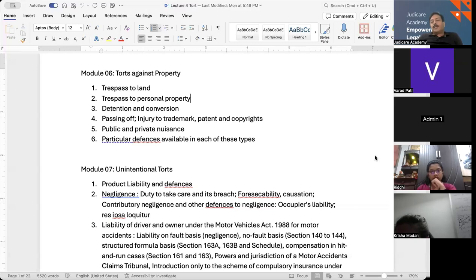So the types of product defects could be, number one, design defect. Number two, manufacturing defect. Number three, marketing defects. So let's see one by one. When we talk about design defects, let's take an example. A manufacturer designs a children's toy with very small detachable parts that pose a choking hazard.